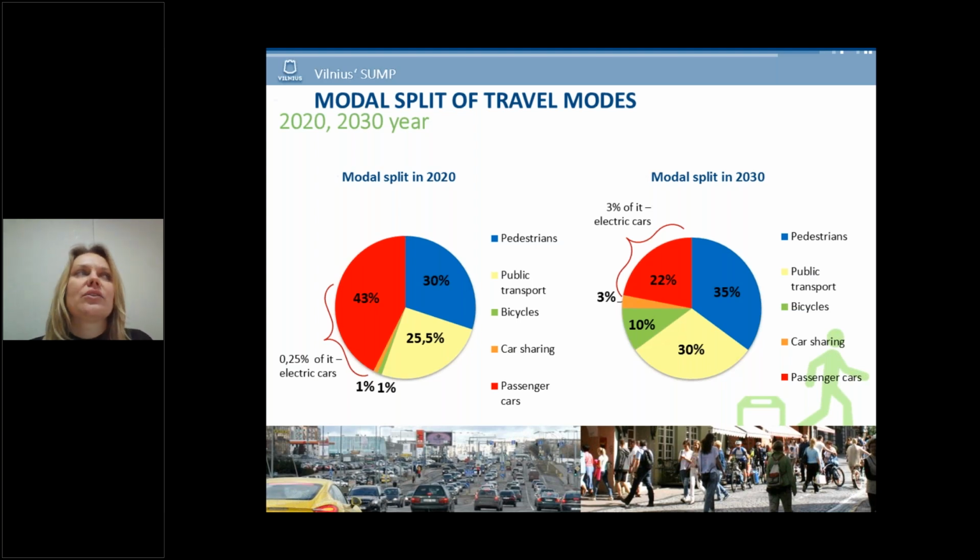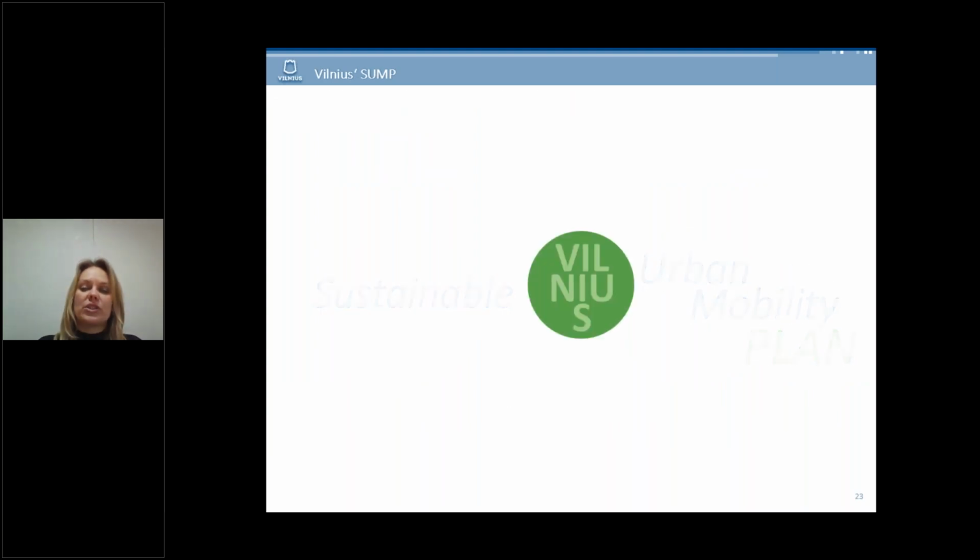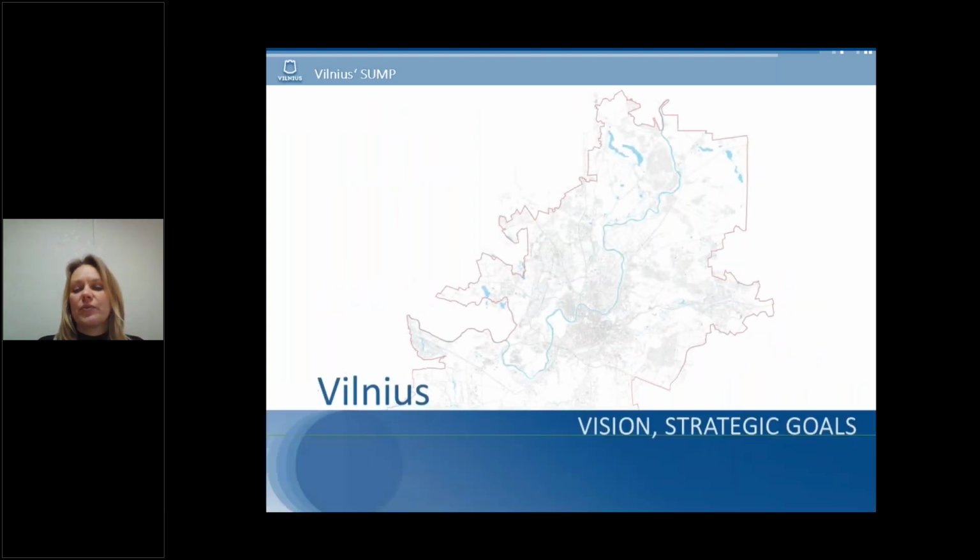But after selecting measures and doing some modeling and also questionnaires and research on traveling behavior, we saw that until 2030 it is really impossible to achieve, because we have like 2 years for implementing measures according to our national guidelines, and then we have 10 years to obtain the results. So we changed the desirable modal split later on, but it still remains ambitious and there are quite a few things to do to achieve it. So that was our process and that was our vision.